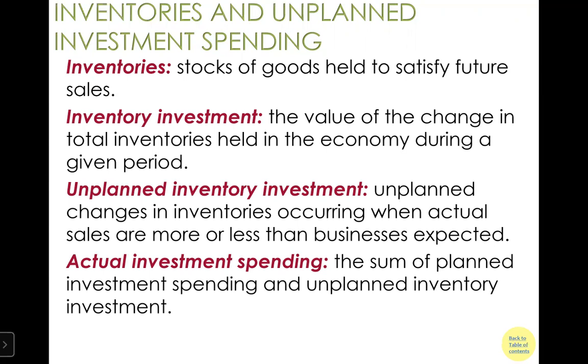They always keep an additional amount of goods in storage, just in case demand is strong. That additional stock of goods is called inventory. Why do they keep inventory? Just for incoming shoppers.